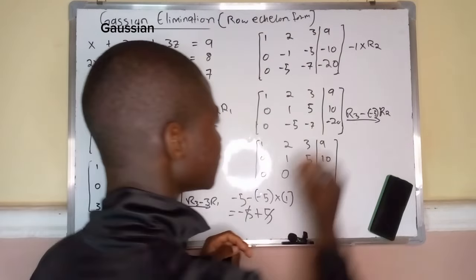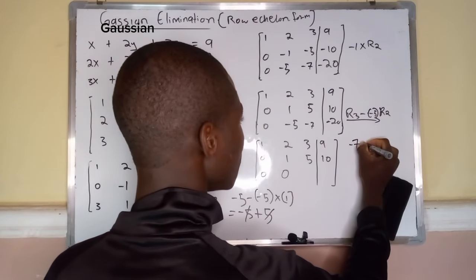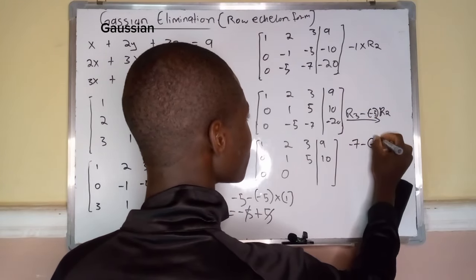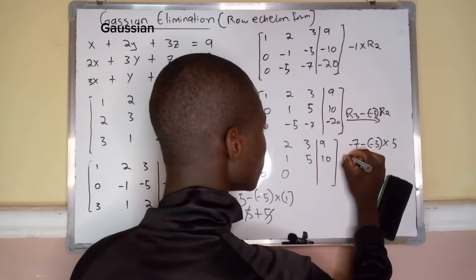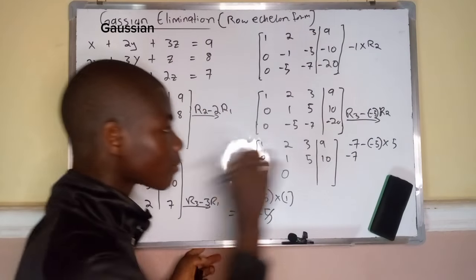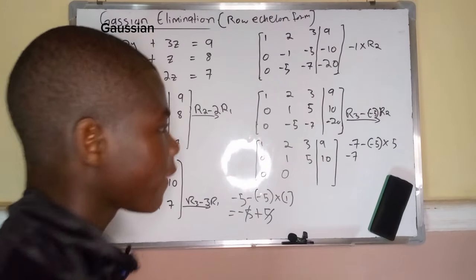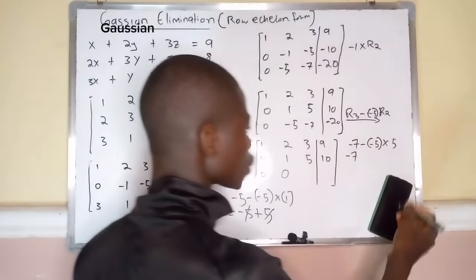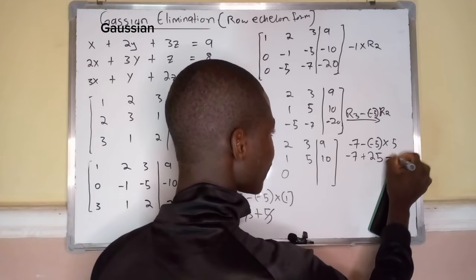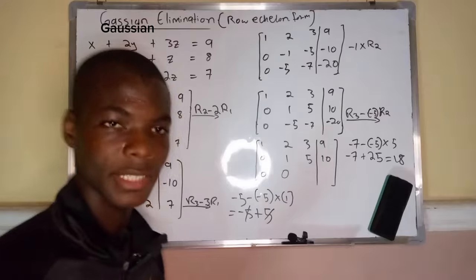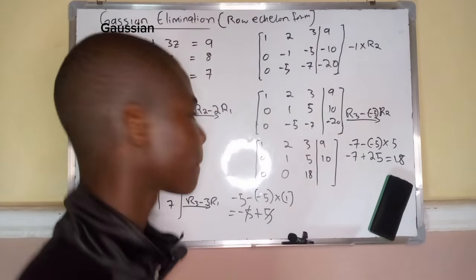The next thing to do, R3, which is minus 7 minus minus 5 multiplied by 5. Minus 7, 5 multiplied by 5, which is 25. Minus 7 plus 25, and therefore it will become 18. So therefore I have 18 here.